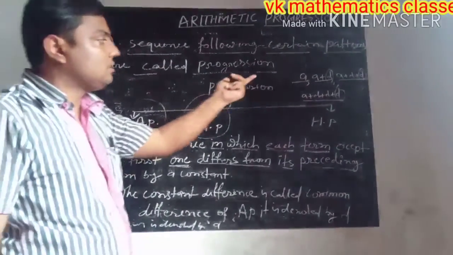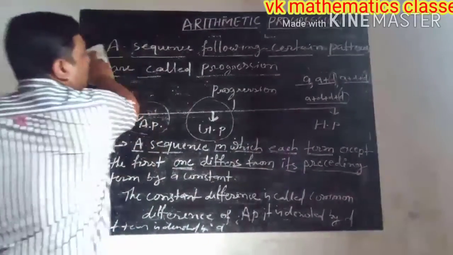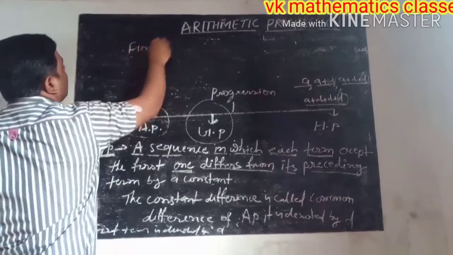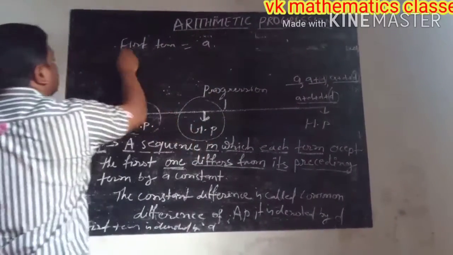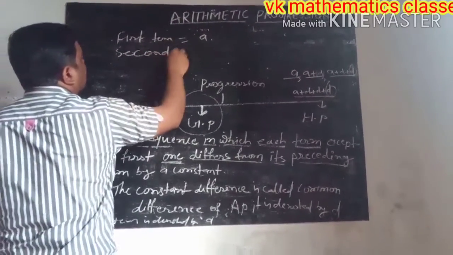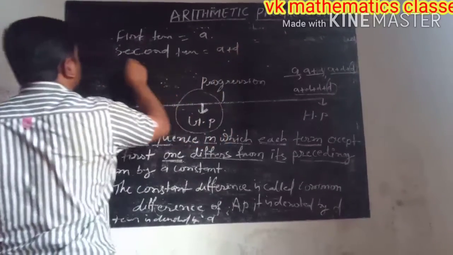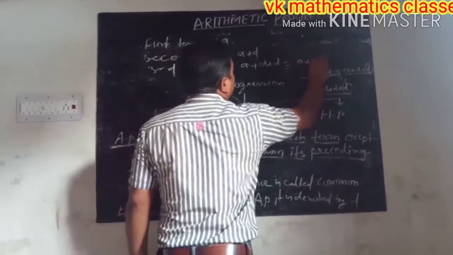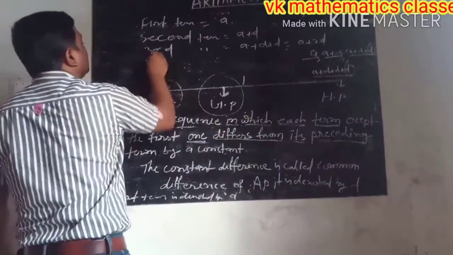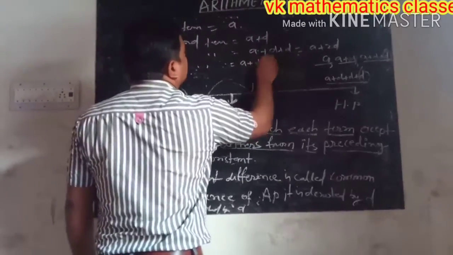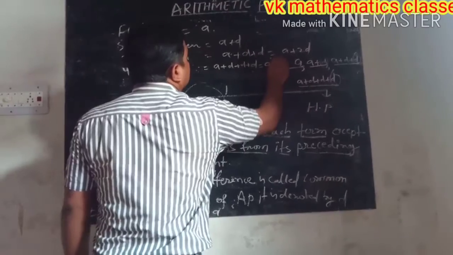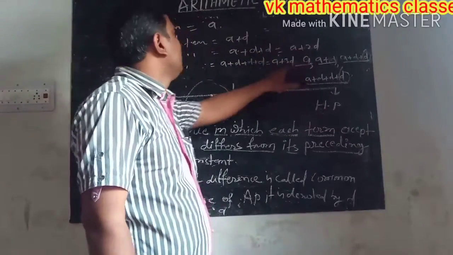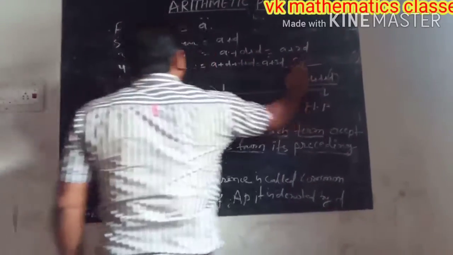In AP, to find the terms: the first term is equal to a, the second term is a plus d, the third term is a plus 2d, the fourth term is a plus d plus d plus d, which equals a plus 3d, and so on.